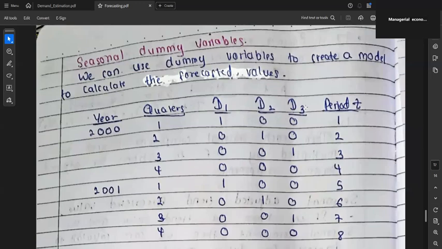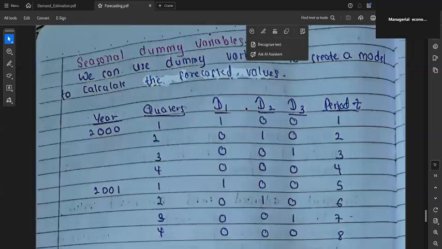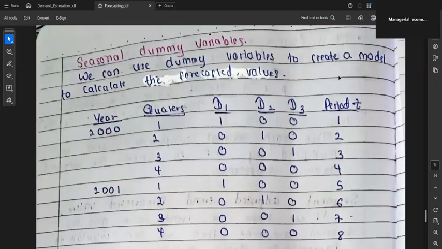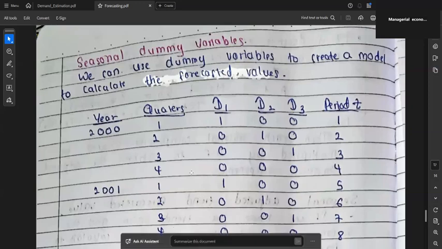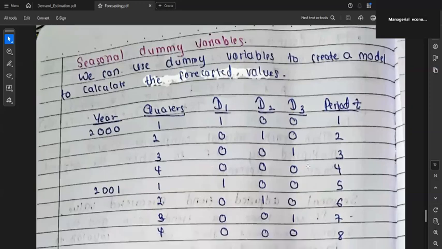So D1, D2, D3: 3 dummy variables for 4 seasons. Why are we not taking quarter 4 as a dummy variable D4? It's because, as you can see, in each quarter 4 row all the dummy variables are 0.